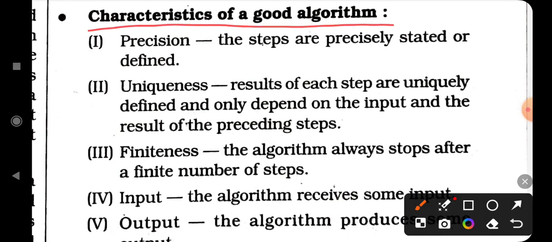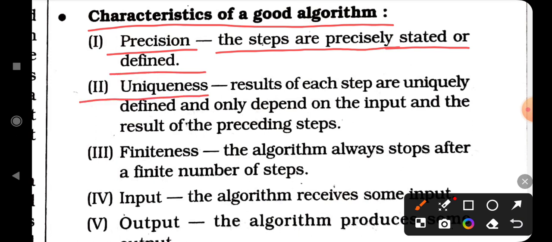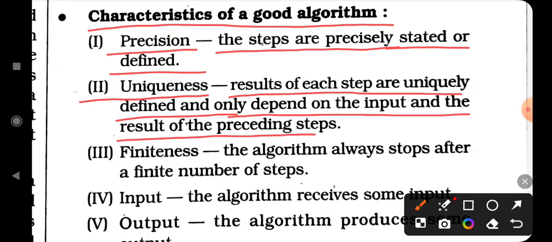Characteristics of a good algorithm. Precision: the steps are precisely stated or defined. Uniqueness: results of each step are uniquely defined and only depend on the input and the result of the preceding steps.